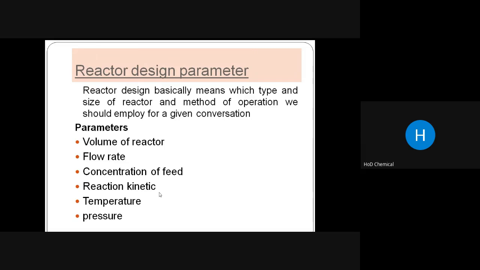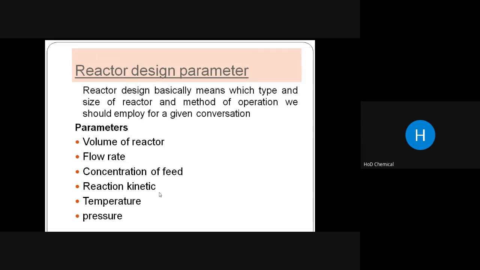For a mixed flow reactor, we can take a uniform and constant volume. For example, in a fluid reactor it can be varying.